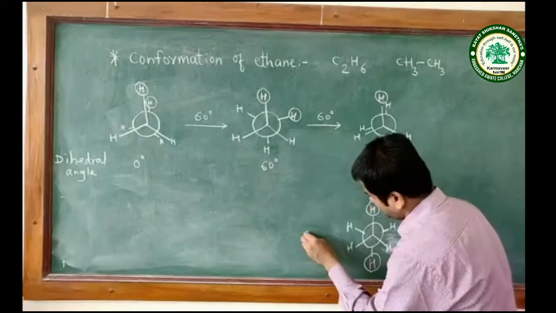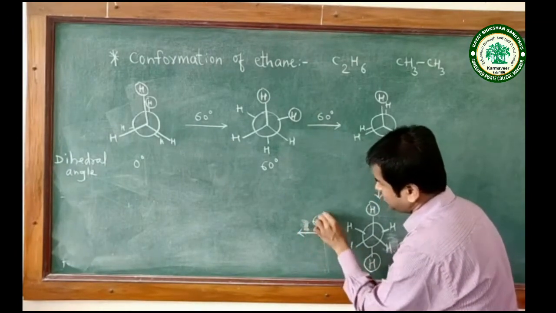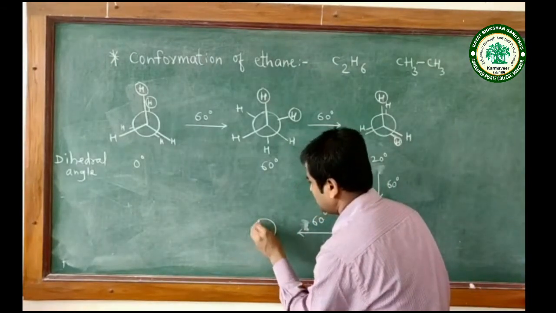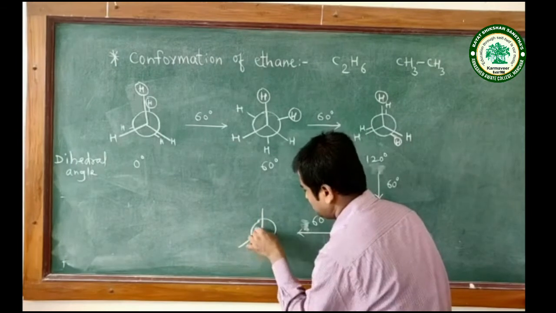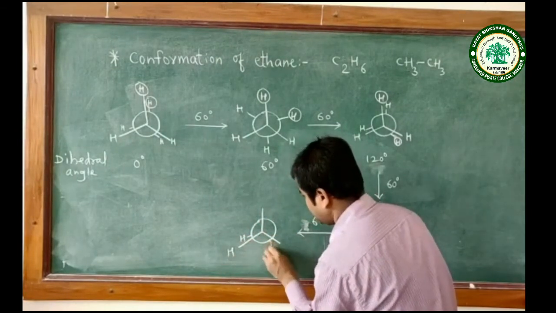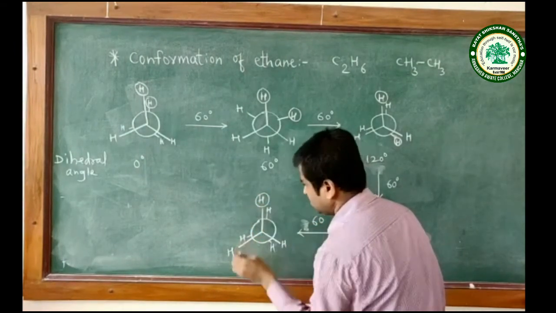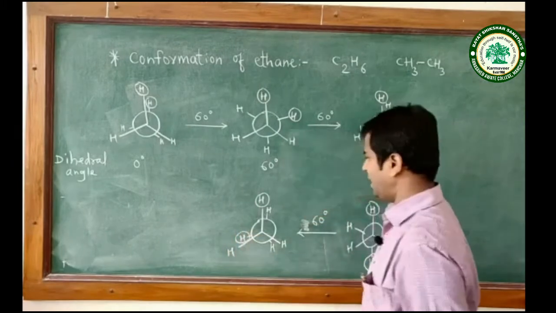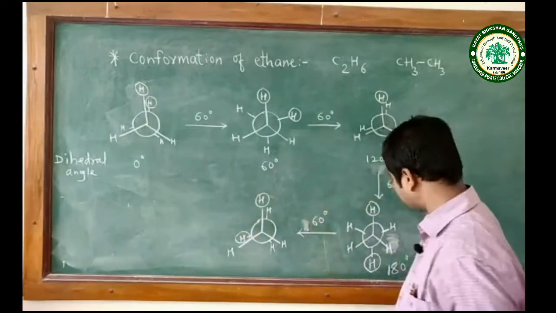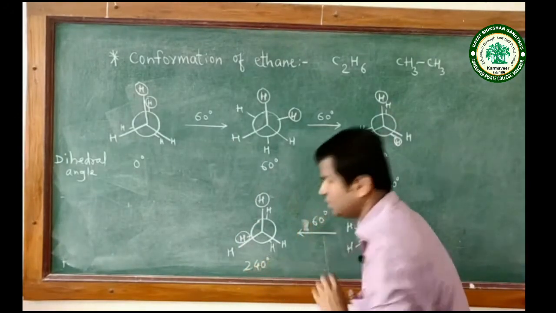Again rotate these by 60 degrees. We obtain the structure like this, and the dihedral angle between these two hydrogens from this side is 240.